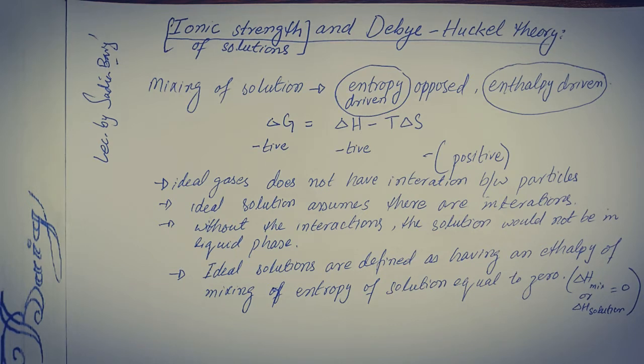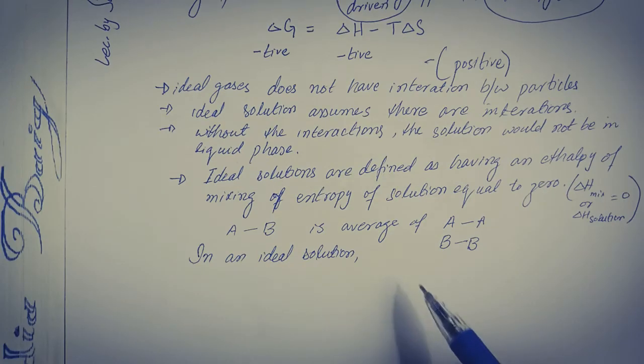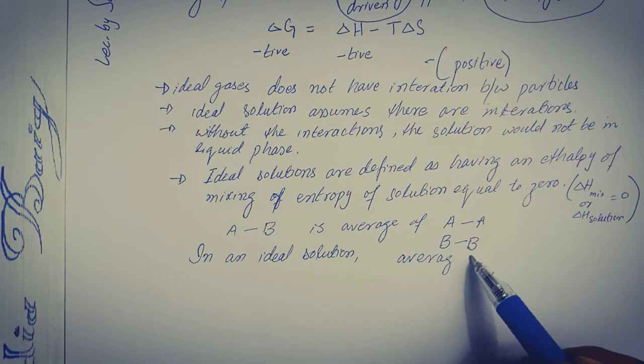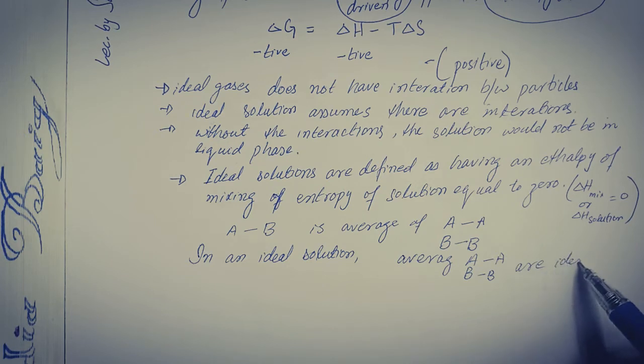This is because the interaction between two liquids, for example A and B, is the average of the interaction between AA and BB interactions. So in an ideal solution, the average AA and BB interactions are identical.